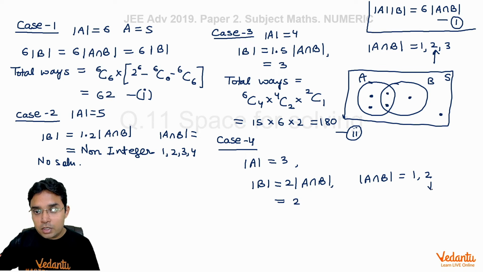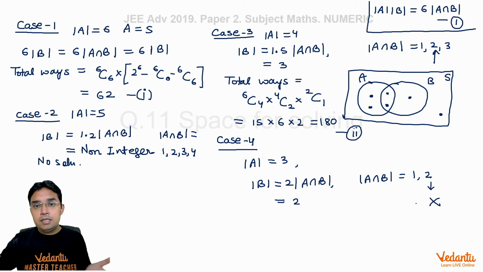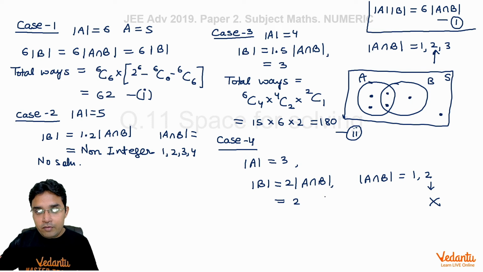But if we choose this equal to 2 and B becomes 4, B will be the bigger set. So that is not possible. That is actually against the condition given in the question. So we will be taking the number of elements in the intersection of A and B as 1.